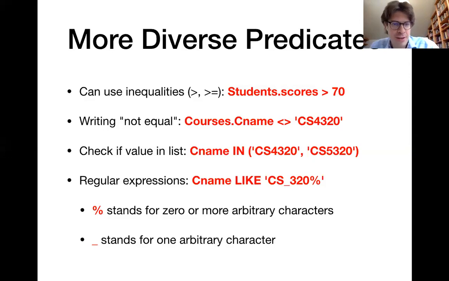All right, so those are some ways to formulate more diverse predicates, and SQL supports many more types of predicates. But in my experience, the things that I'm showing you here are perhaps the things that you use most frequently in practice. So if you learn those things, you should be able to treat most cases that arise in practice.